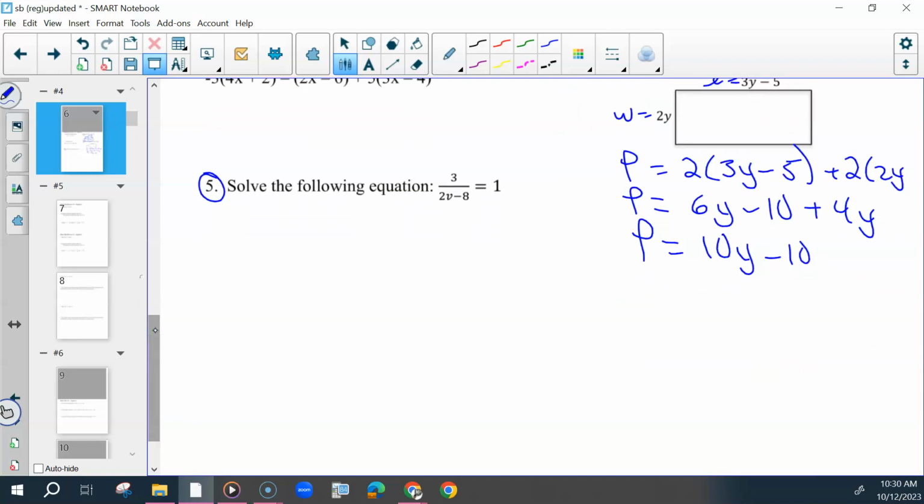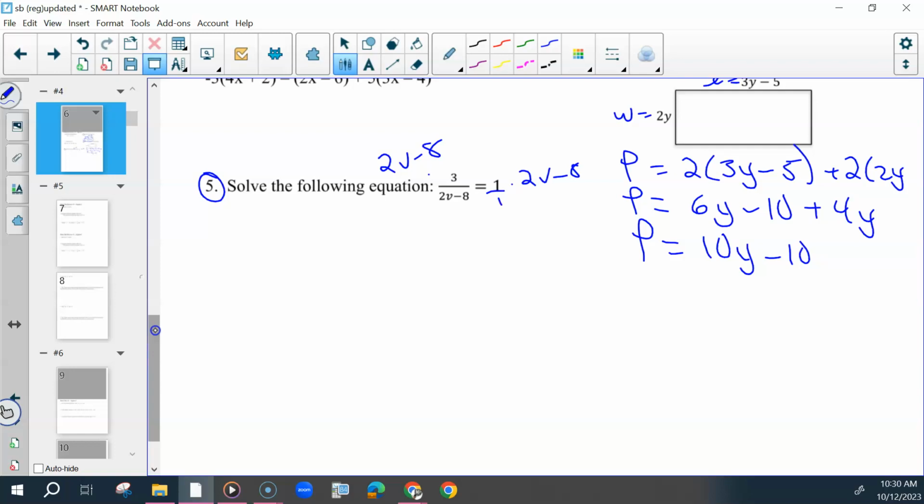Alright, number 5 was a little tricky because we have the variable in the denominator, but it's also attached to something else. So normally, if this were in the numerator and we had the 3 in the denominator, we would multiply 3 on both sides. Or if this was just the b by itself, we would multiply by b on both sides. But in this case, you have to multiply the entire thing on both sides. Or I heard someone say they cross multiply, which would basically be the same thing here. You set this over 1 and cross multiply, same thing.